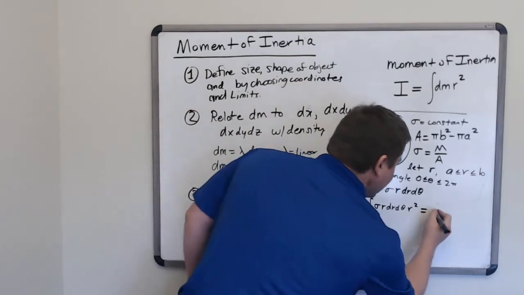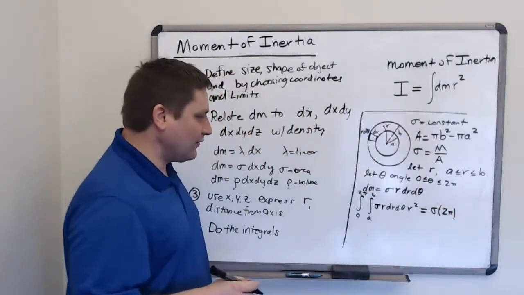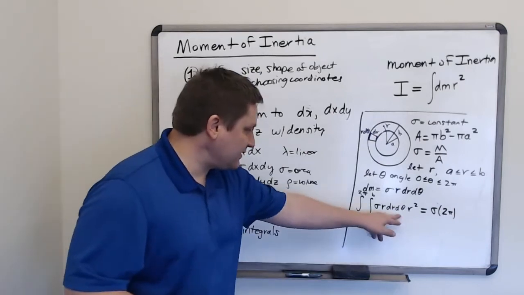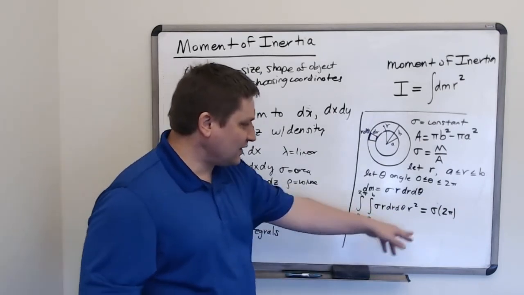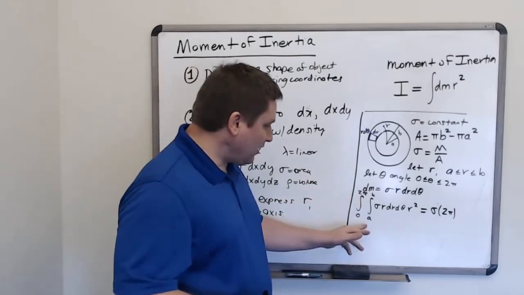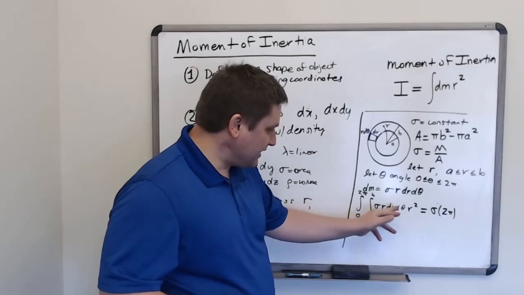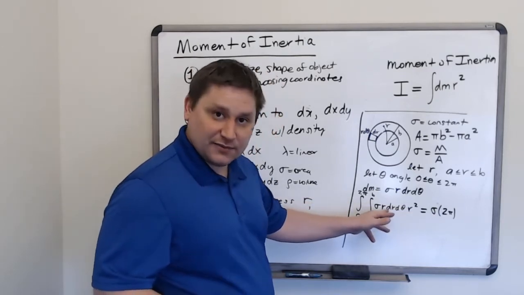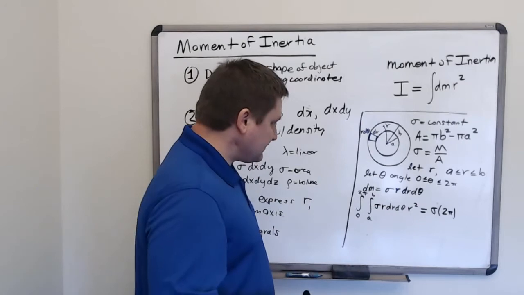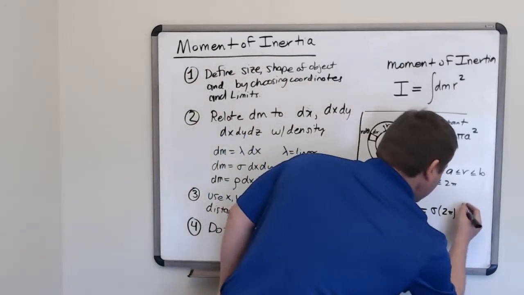The sigma is a constant. The integral over the angles, the d theta from 0 to 2 pi, there's no theta dependence in any of these, so it's just 2 pi. And the integral of r, so we've got an r squared and a dr, so that's going to be r cubed dr. So my antiderivative will be r to the fourth.